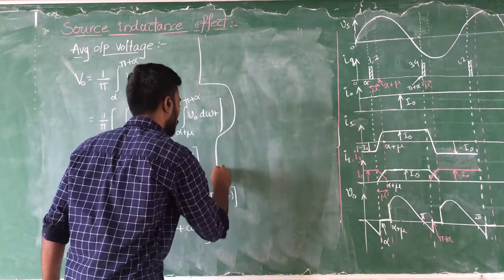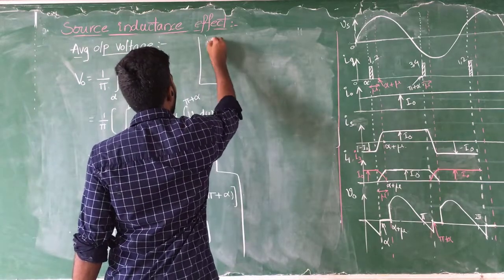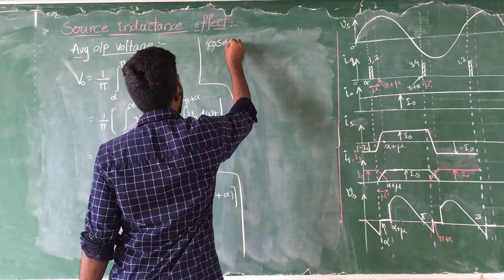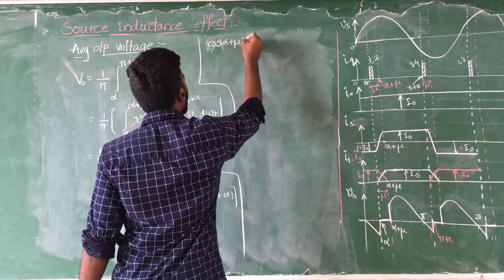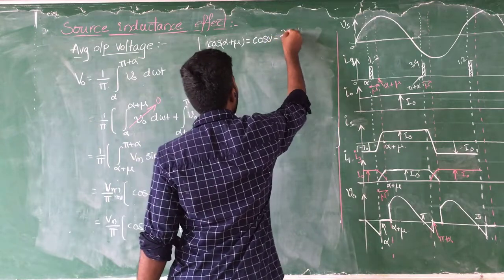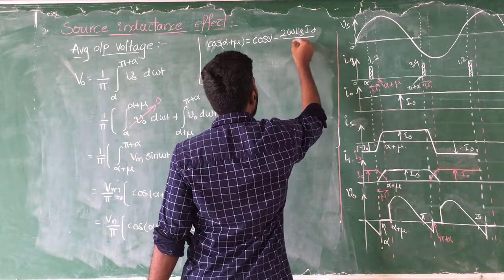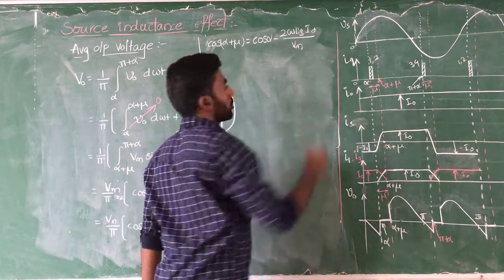We know the cos alpha plus mu value, so directly substitute it. Cos alpha plus mu is equal to cos alpha minus 2 omega Ls I naught by Vm.